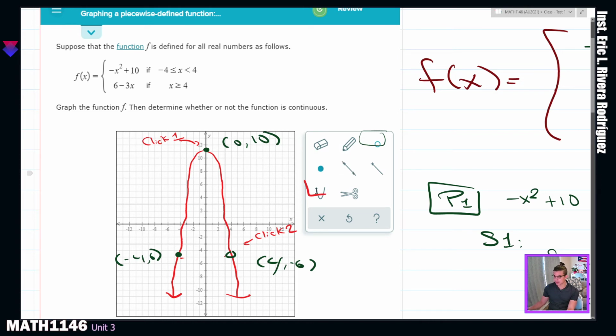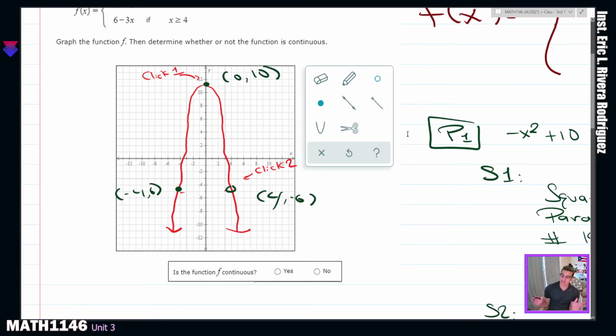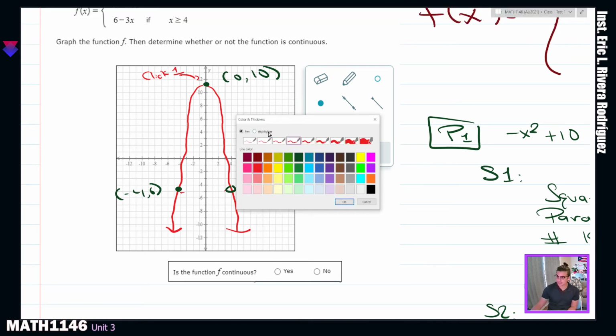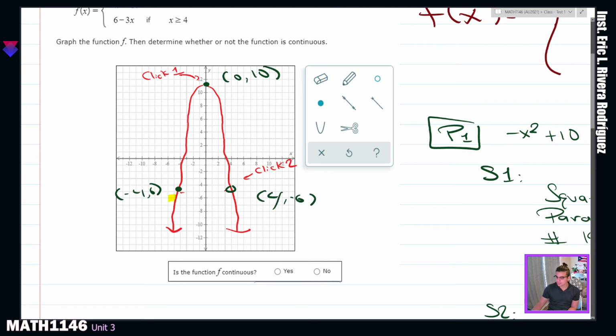After you finish with the parabola tool, you need to erase those two parts. I'm going to highlight those parts. Okay, we need to cancel those.